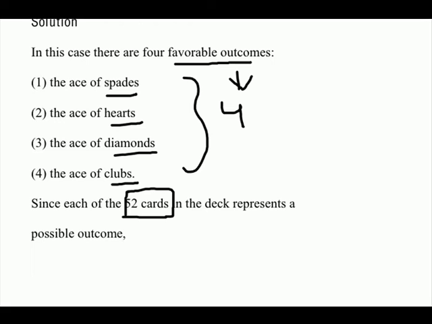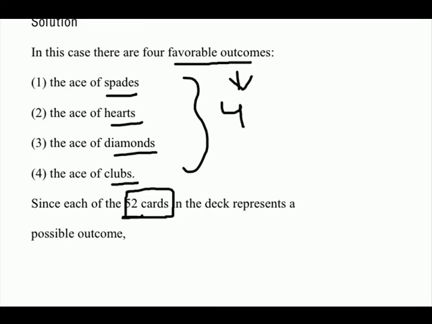Because when you draw out a card, the total number of ways in which you can get a card is 52, because all cards are unique. If you take the color and the value on the card, it is going to be unique, and there are 52 unique cards in a deck, so you get 52 here.